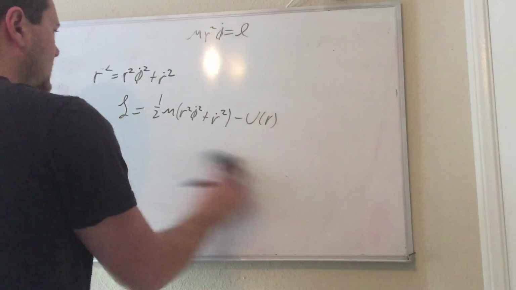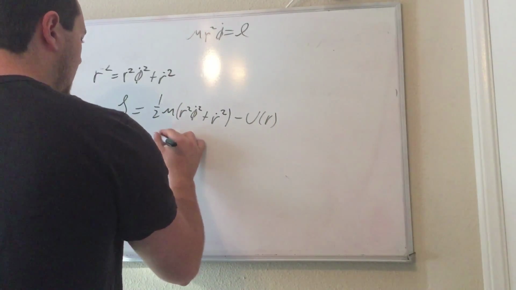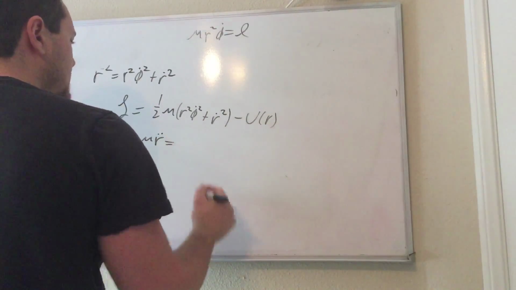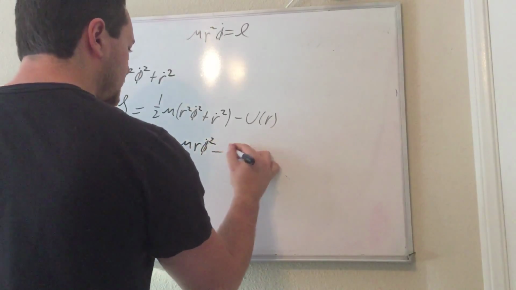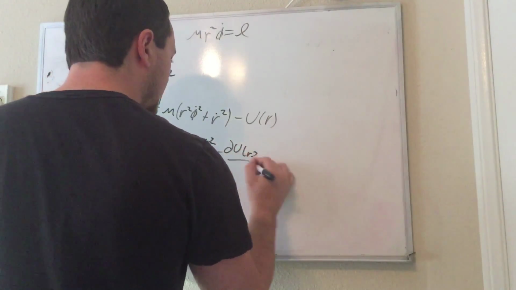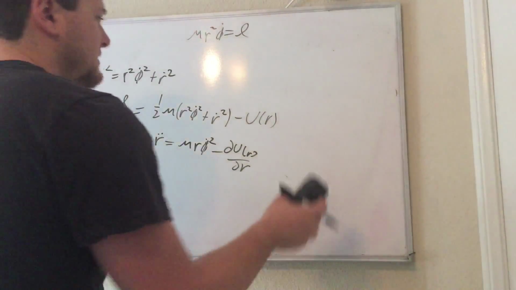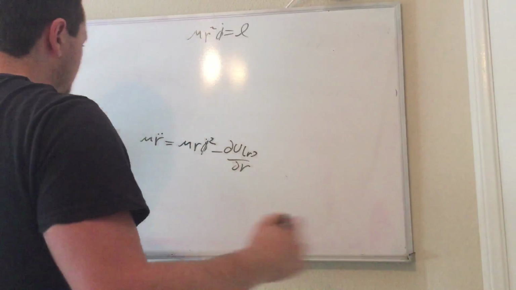Now, let's look at the other derivatives here. This says that mu r double dot, that's going to come from this term right here, has to be equal to mu r phi dot squared minus the partial derivative of U of r with respect to r. Okay, we're almost there, home stretch of deriving the central force problem for two bodies.